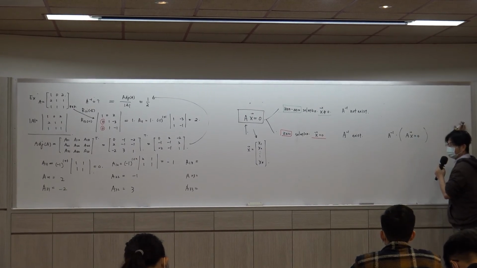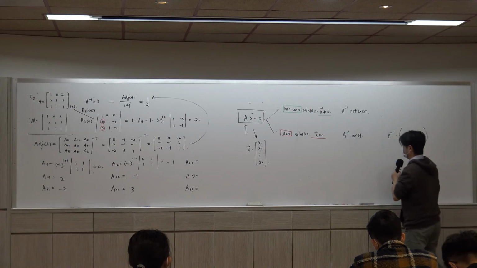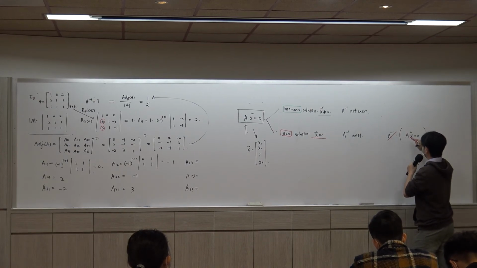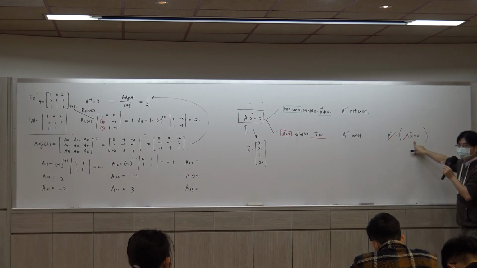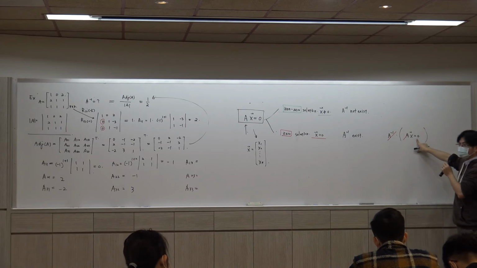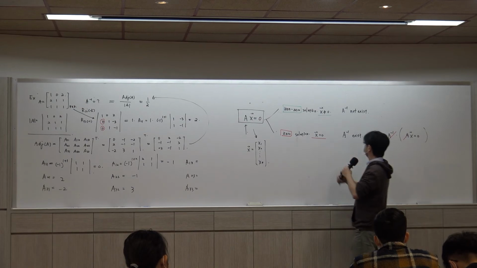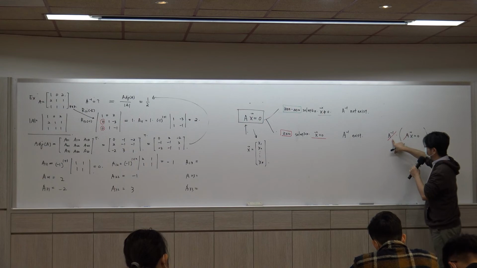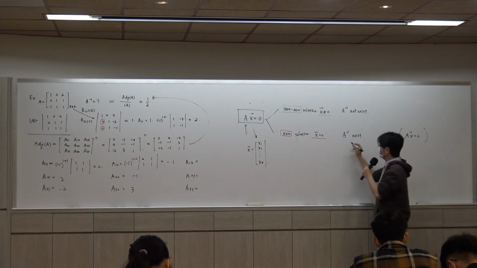So on the right, it should be 0. But on the left, this term could be cancelled out. So we have x always equal to 0. So it's called the zero solution. So in this case, the inverse matrix should be this.